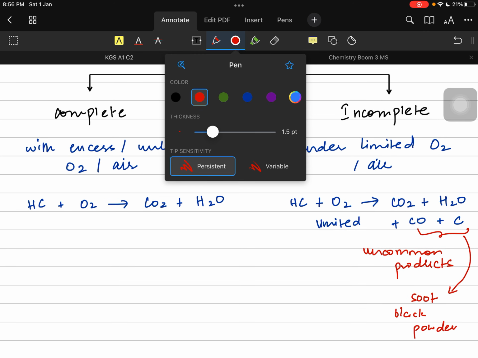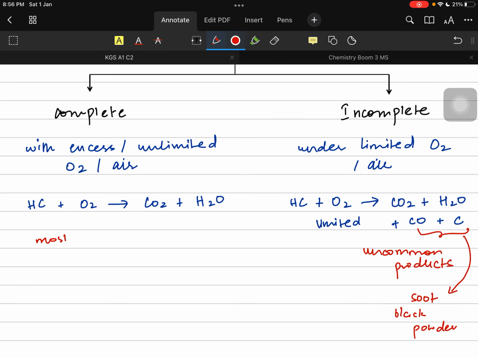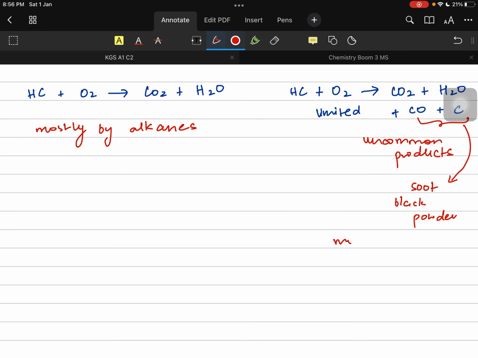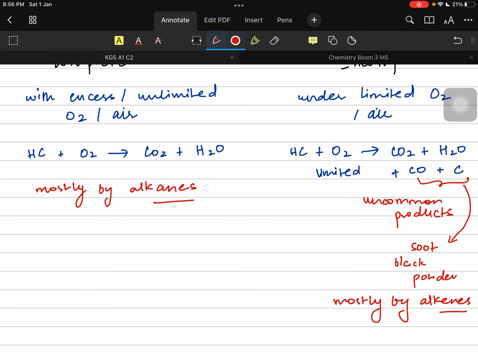Complete combustion is generally given mostly by alkanes, and incomplete combustion is given mostly by alkenes. In complete combustion we get carbon dioxide and water. Under incomplete combustion we get a little amount of carbon monoxide and pure carbon known as soot as well. So until the next video we'll be talking more about the equations of combustion. So stay tuned guys.